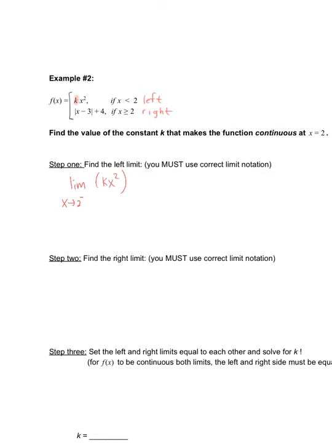We are plugging 2 in for x. So be careful, we're plugging 2 in for x, not for k. So it looks like this, k times 2 squared. And if we simplify that, we get k times 4, and we write it like this, 4k. That is our left limit.